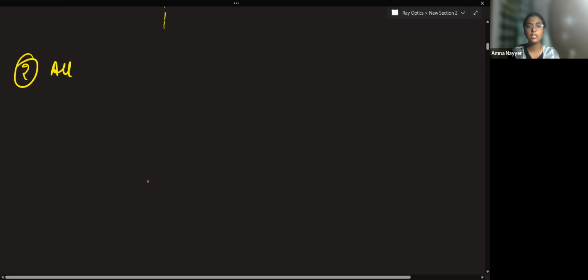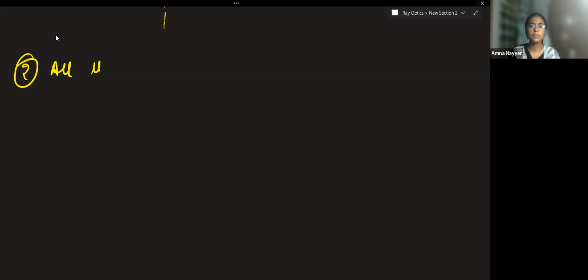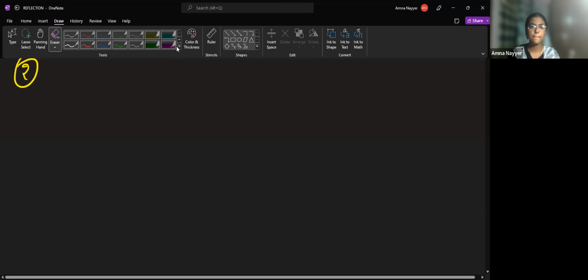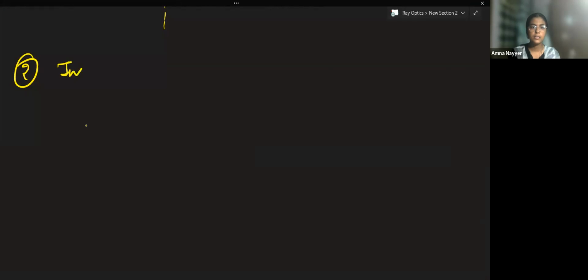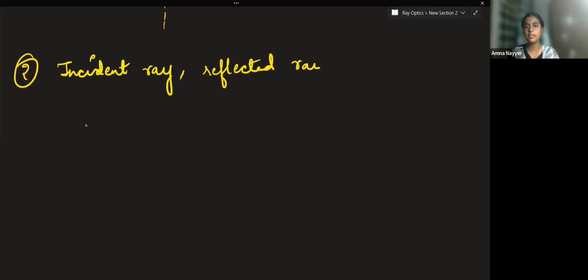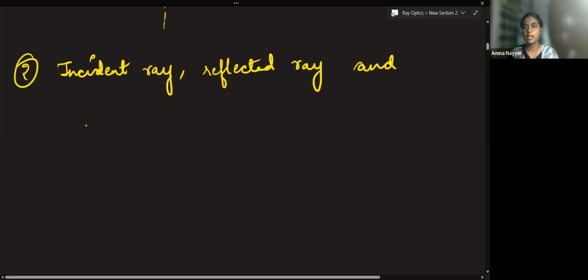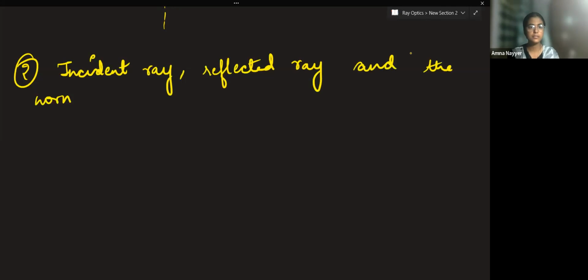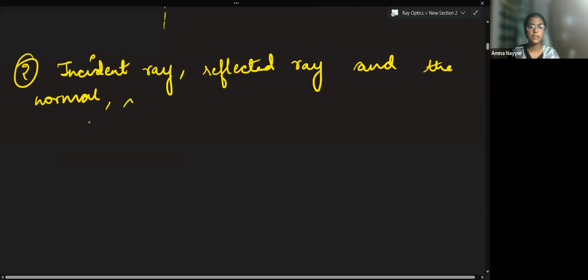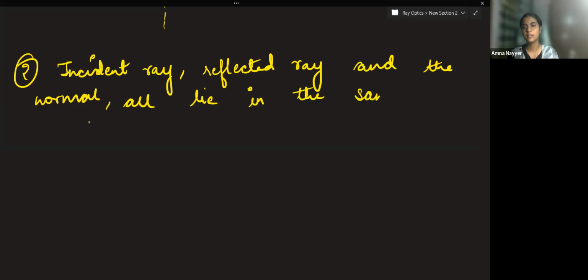This says that the reflected ray, the incident ray and the normal all lie in the same plane.